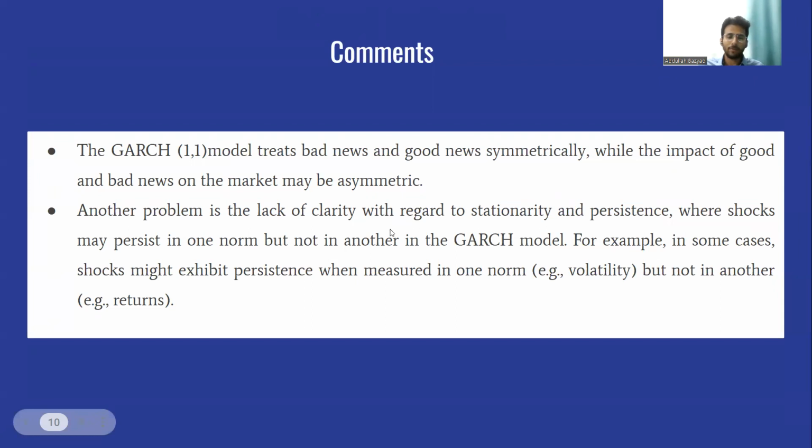Another problem is the lack of clarity with regard to stationarity and persistence, where shocks may persist in one norm but not in another in the GARCH model. For example, in some cases, shocks might exhibit persistence when measured in one norm, for example volatility, but those shocks might not exhibit persistence in another norm, which is returns.